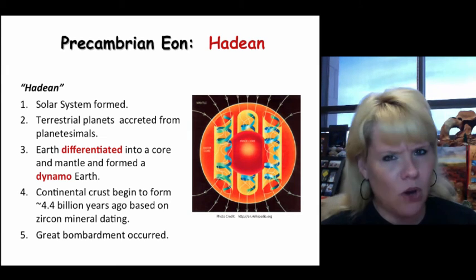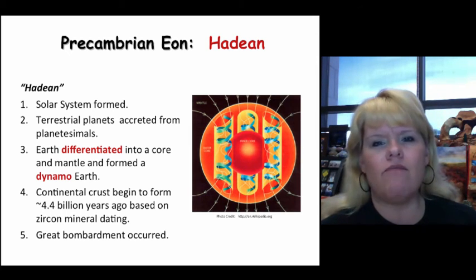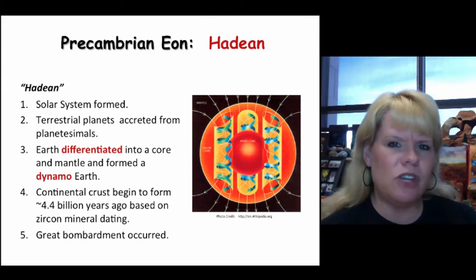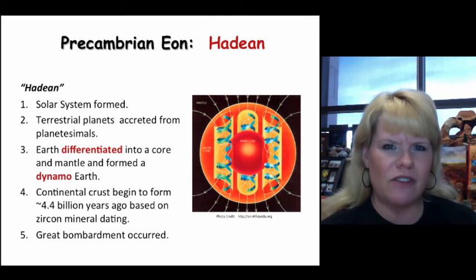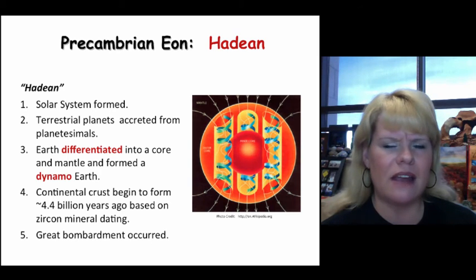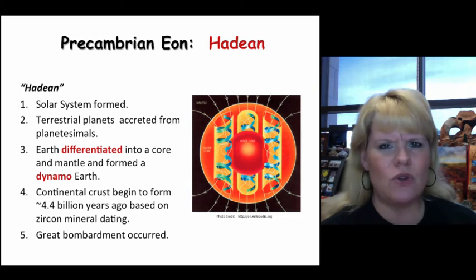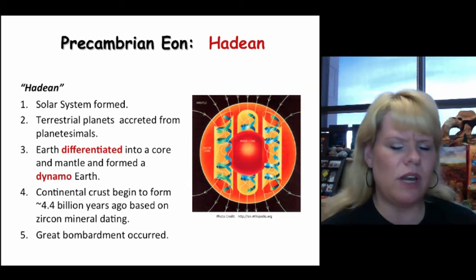As we're being bombarded by these smaller planetesimal structures, we're going to gain their composition. So most of the early stuff that came out of the sun was very rich in metals, and so we obtained that as these meteorites and planetesimals smashed into Earth, ultimately giving us the Earth that we know.